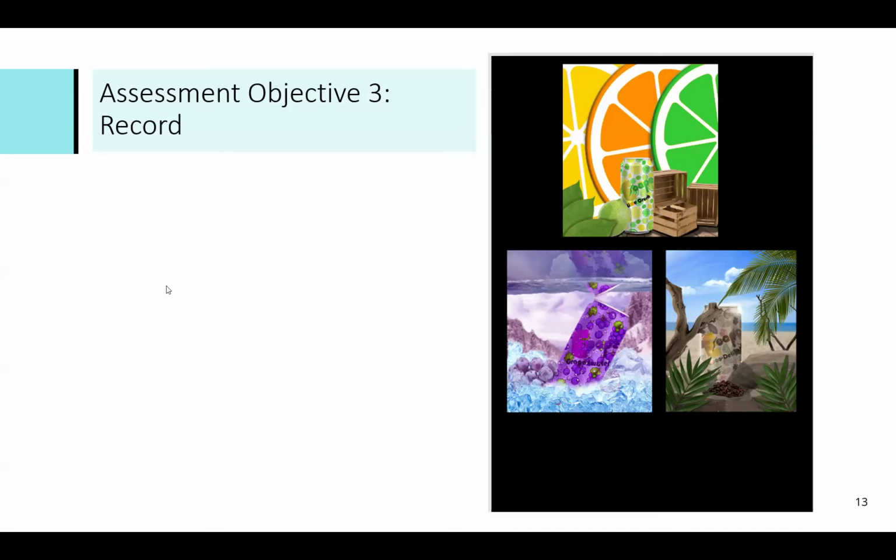So AO2 is primarily to do with experimentation, and you are refining work through processes of selecting and experimenting with appropriate media, materials, techniques, and processes. But with recording, you are in a way refining as well as recording. You may want to add something else to the submission.